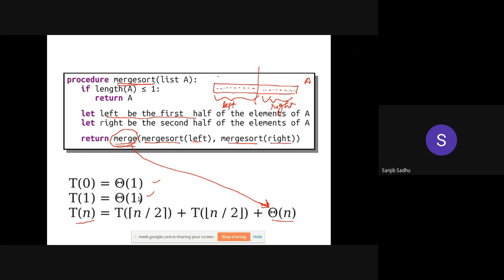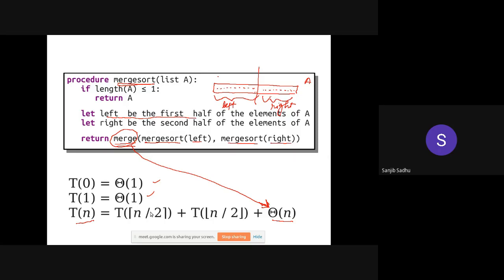Now why is it T of floor n by 2 and T of ceiling n by 2? We are not sure whether n is exactly an even number or not. Maybe n is odd. So one of the arrays will contain one more element than the other. That's why floor and ceiling.